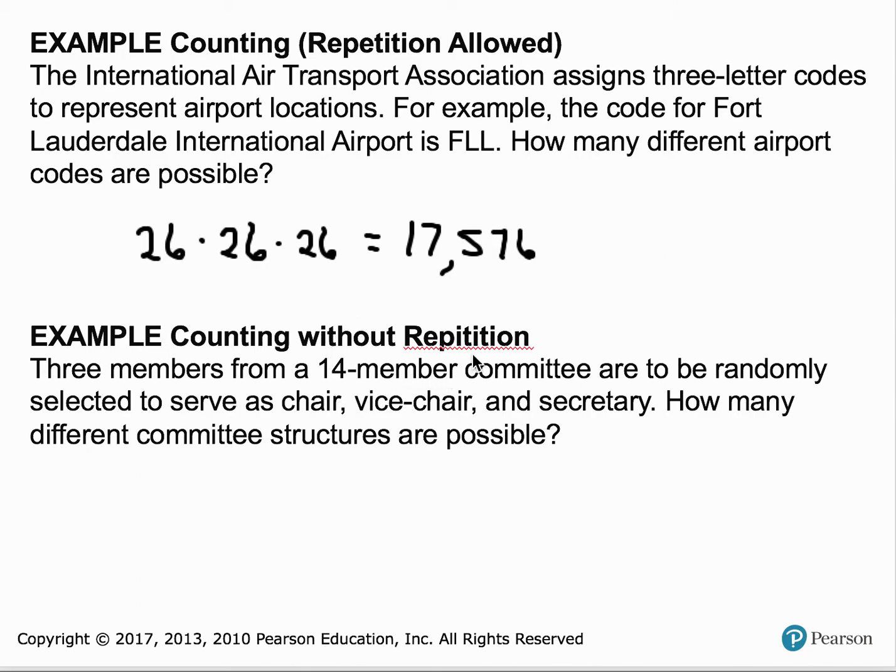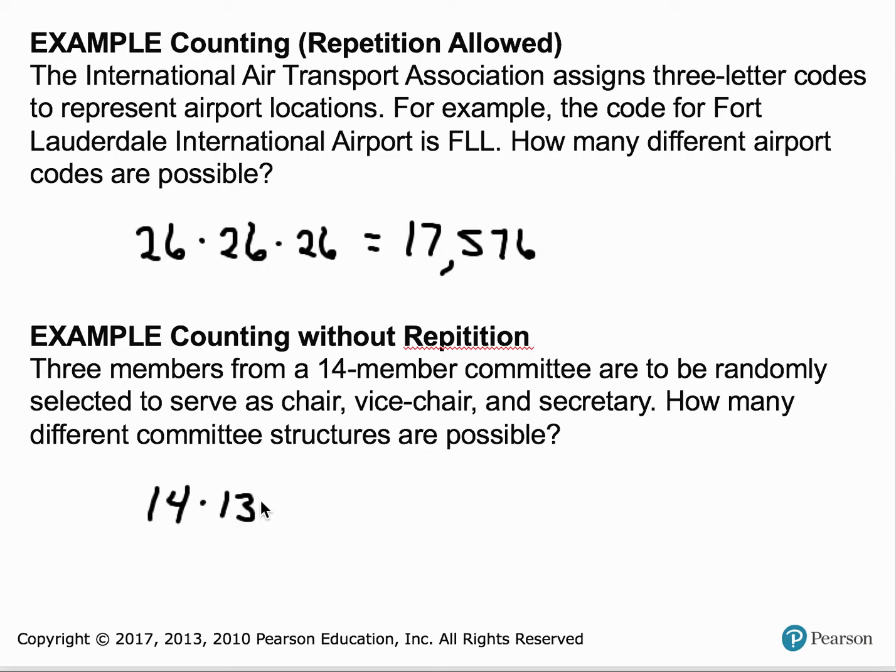Okay, notice this one says without repetition. 3 members from a 14-member committee are to be randomly selected to serve as chair, vice chair, and secretary. How many different committee structures are possible? Well, if there's a 14-member committee, then there are 14 ways that I could choose my chairman. Now, what's different about this one is that once we've elected Joe for chairman, then he can't also be vice chair. So there's only 13 people left that could be vice chair.